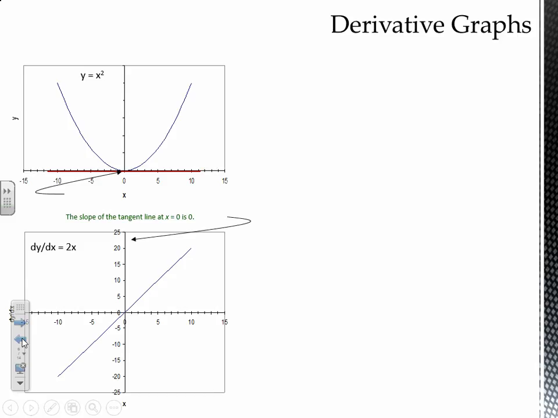All of these coordinates are below the x-axis, so they have negative y values. On the right side of our graph, what kind of tangent lines are we going to have? We're going to have positive tangent lines, which is why down here we have positive y values for our derivative graph.